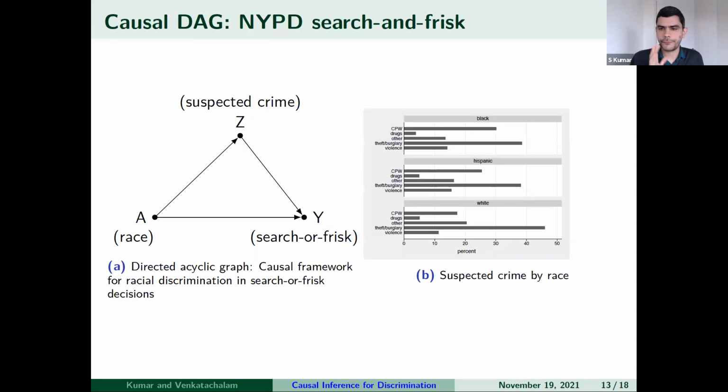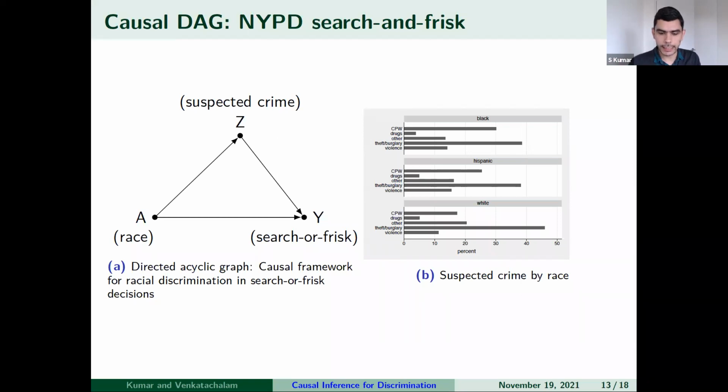So here is our first attempt, an extremely simple causal model, which simply says, look, there is race. There is the suspicion about which type of crime this person has committed. And there is the possibility, which empirically seems to be happening, that suspicion varies according to race, and that this suspicion then goes on to determine the outcome. To be very clear, we are focusing on the outcome of a search or frisk.